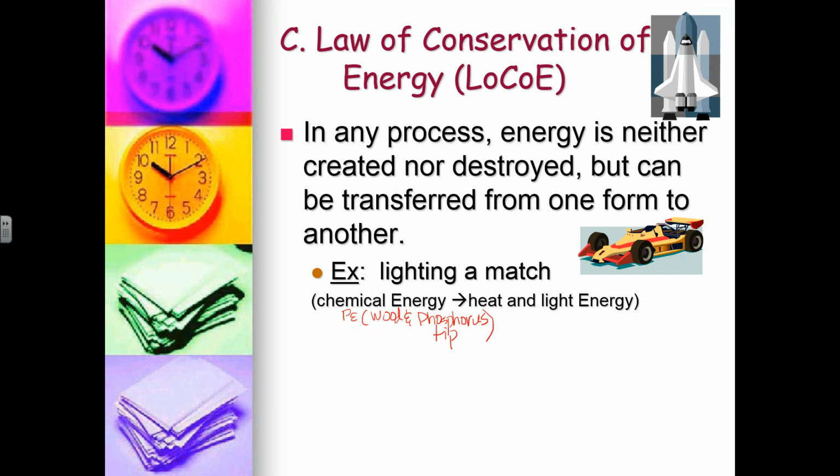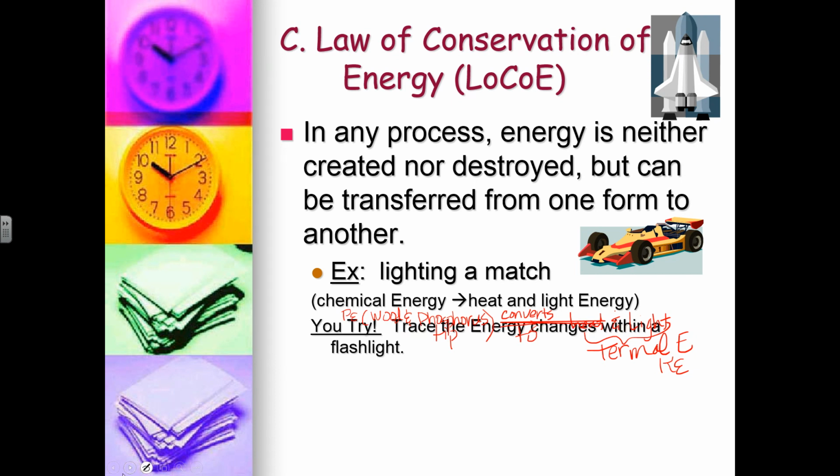When you strike it and light the match, it is converted to heat and light energy, and that's classified as thermal energy. If you think about a flame flickering, that would be kinetic. It's a specific type of kinetic energy called thermal energy. So we can account for the energy transformations that take place.